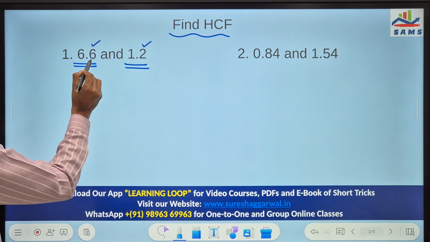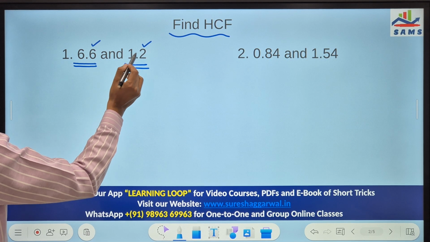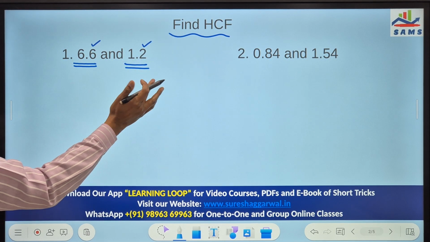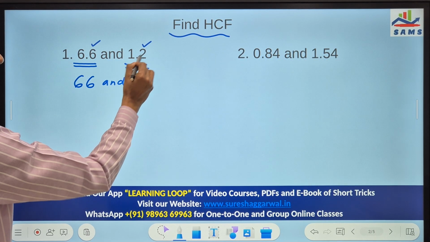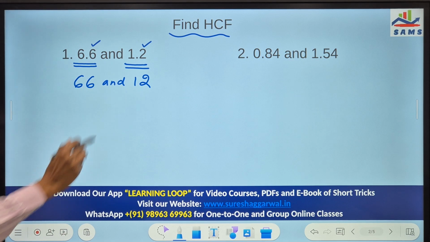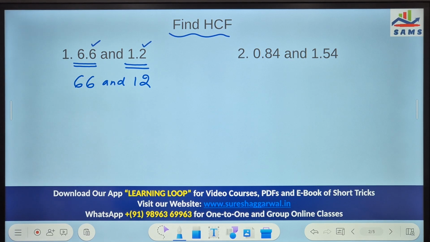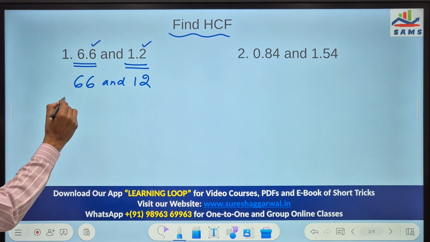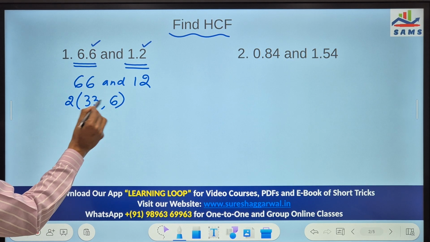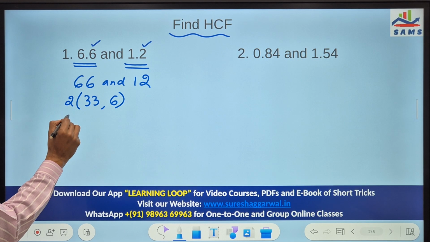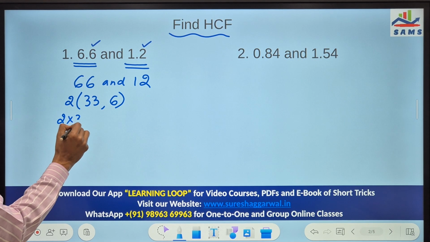Once you know that there are an equal number of digits after decimal, just forget the decimal and write the numbers 66 and 12. Now 66 and 12 are divisible by 2, which gives me a 33 here and a 6 here. Now both of them are divisible by 3, so 3 2s are 6, so I'll write a 3 also here.